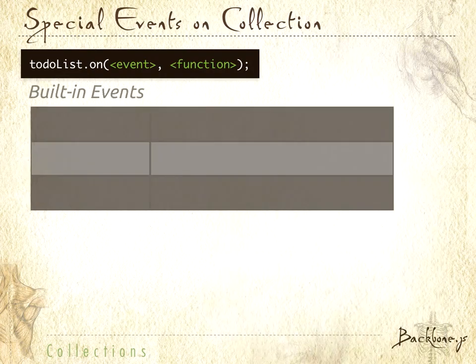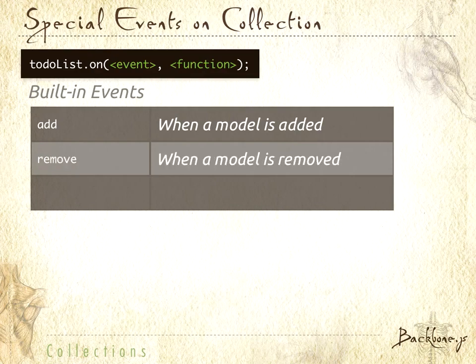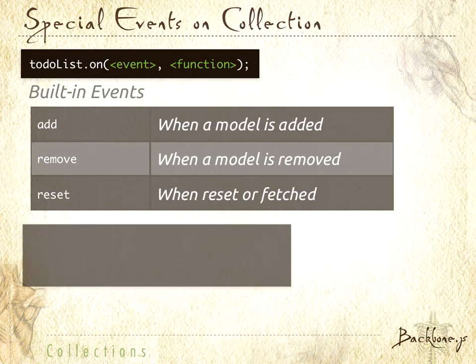Some of the built-in events that Backbone provides us are add, which is called whenever a model is added to the collection, remove, which is called when a model is removed from the collection, and as we saw earlier, the reset event, which is called whenever the collection is reset or fetched. Now, there's a special case with the add and remove events, as shown here.